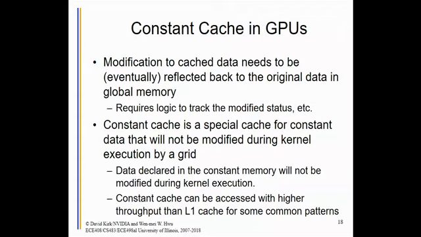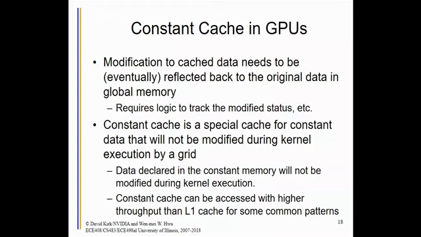But for constant cache, because it will not be changed by the threads in the kernel, we don't need to deal with any of these write policies. So that's why the cache design is quite a bit simpler. Data declared in the constant memory will not be modified during kernel execution. So the constant cache can be accessed with higher throughput than the L1 cache, because the design is much simpler and they can play a lot more tricks in allowing many threads to access the same data.